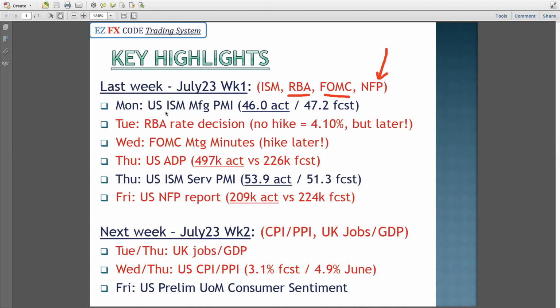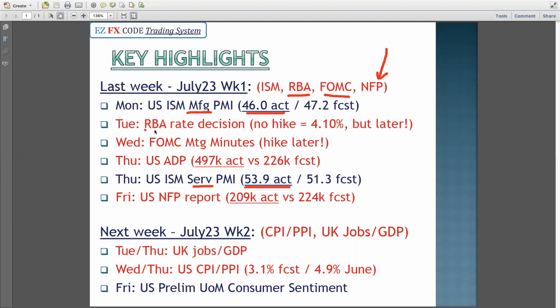But to start off, the ISM figures for the US for manufacturing and services. Manufacturing has been contracting over the past 8 months, so it's no surprise that it's still not gaining any traction here. Whereas services has been really fueling the economy and came out stronger than expected as well.